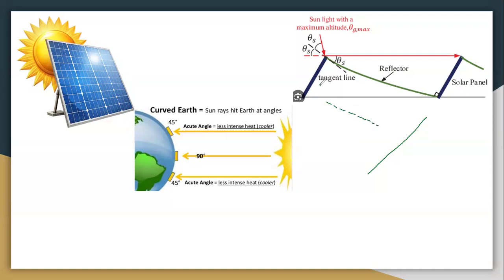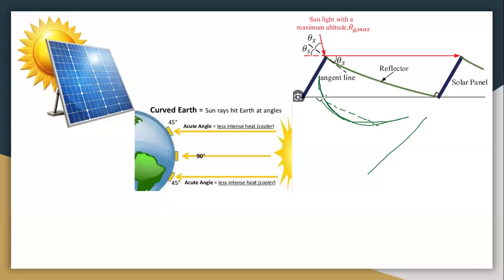So when the radiations are coming from the sun, they will curve like this. The person placing the solar panel must be very observant, or must make the calculations to ensure that when these radiations reach this panel, like this, this is the curved path, this is how the rays are going to move at a given angle.